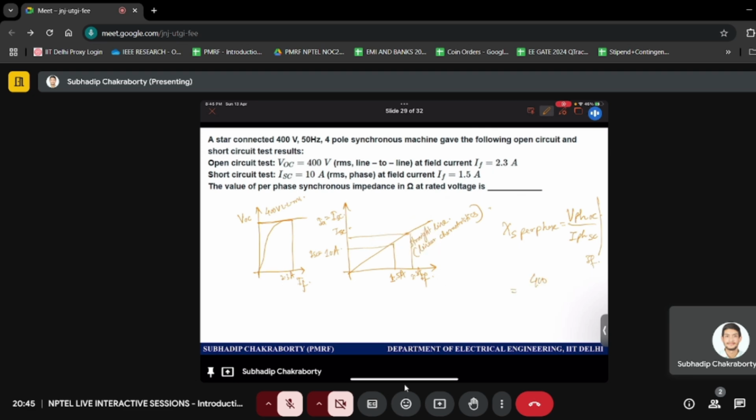So this is 400 by root 3 for field current of 2.3. But for field current of 2.3 amps, how much is my ISC? That I have to determine as the scaling of this. So ISC at 2.3 amps field current, 10 into 2.3 by 1.5, I am getting 15.33, right?